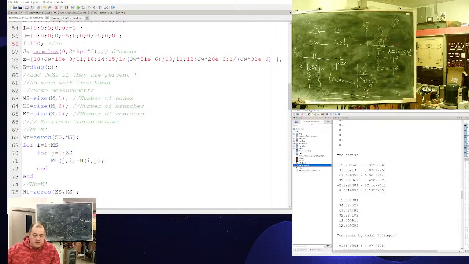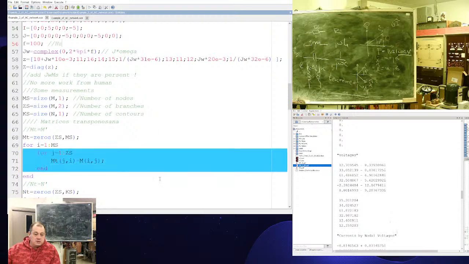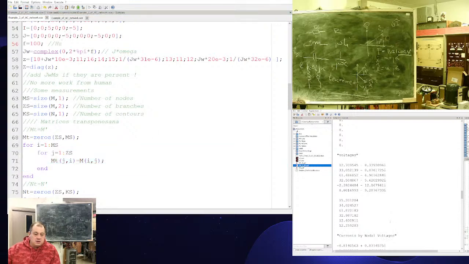But don't forget about conductors. They can make your life much more complex.